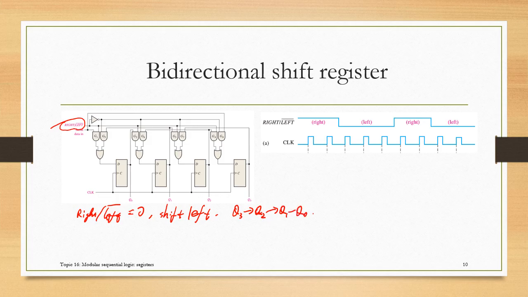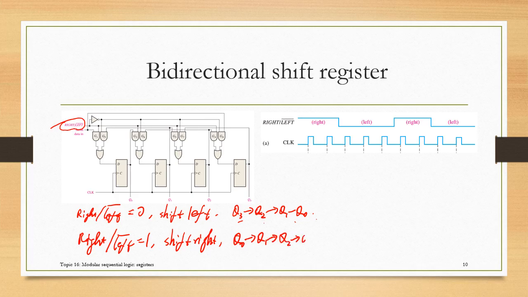That means shift left, from larger number to smaller number. If the right/left input equals 1, it will shift right, which means the data stored on Q0 will shift to Q1, the data on Q1 shifts to Q2, and from Q2 to Q3. So that's the basic operation.